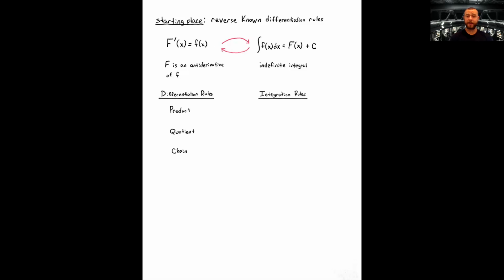Now let's think of our primary differentiation rules, the product, quotient, and chain rules. Of the three of those, one of them is arguably the most important. For a lot of conceptual reasons and how often you used it, I would argue that the chain rule is the most important differentiation rule.